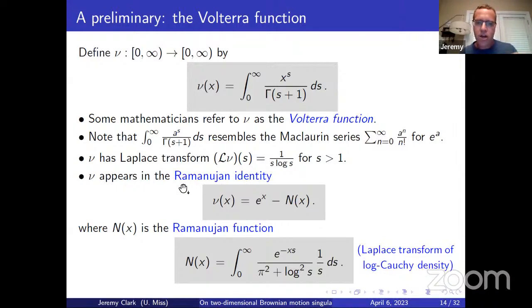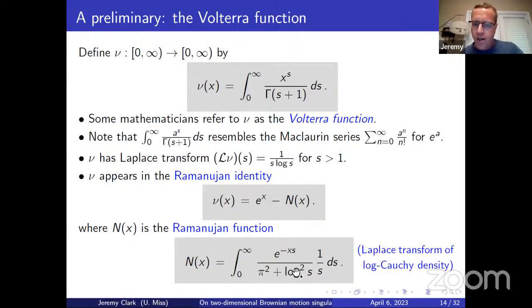Now, this appears in a very famous formula called the Ramanujan identity. The Ramanujan identity is that nu is equal to the exponential function minus this little thing right here, minus nx, the Ramanujan function.